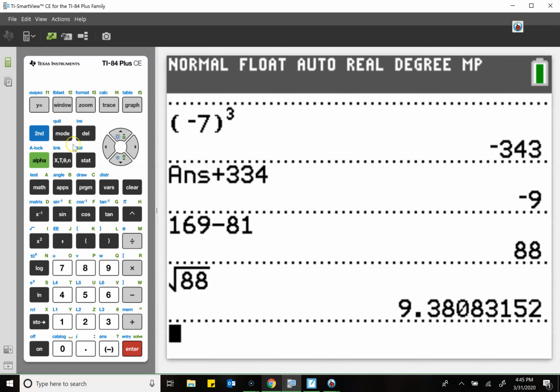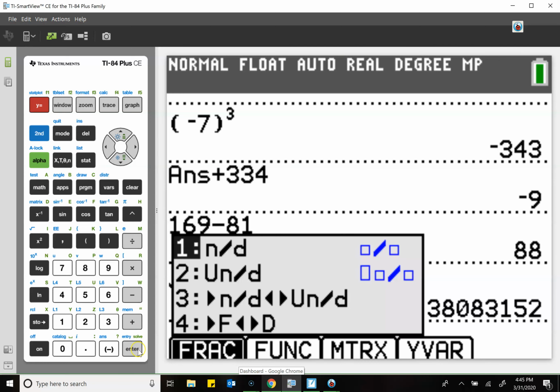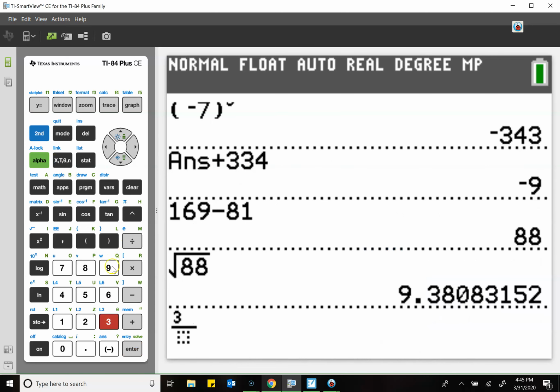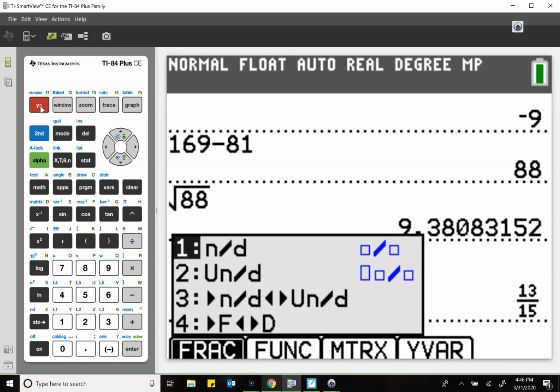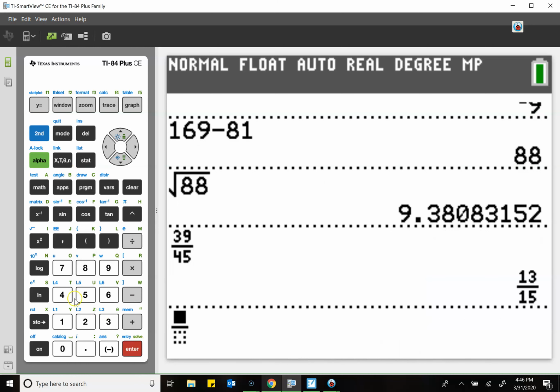So go to the calculator, alpha y equals 39 over 45. So that first fraction is 13 over 15 minus, go to your calculator, alpha y equals, and we've got 27 over 45.